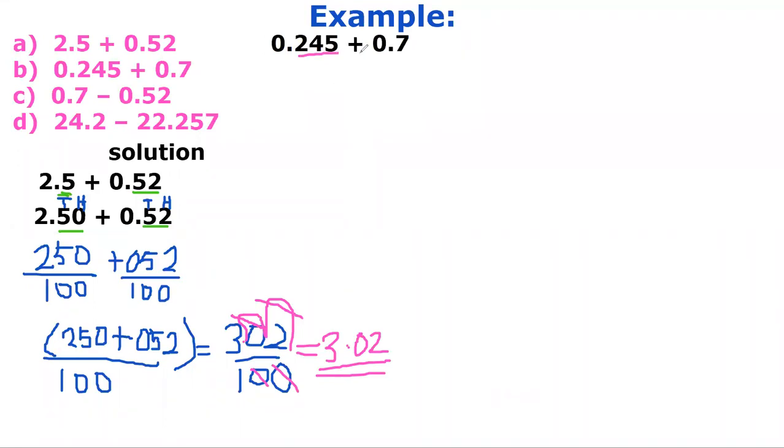You balance the decimal numbers here, which means that here our new decimal numbers, you'll be adding the two zeros to the one having fewer decimal numbers. So here will be 0.245 plus 0.700.